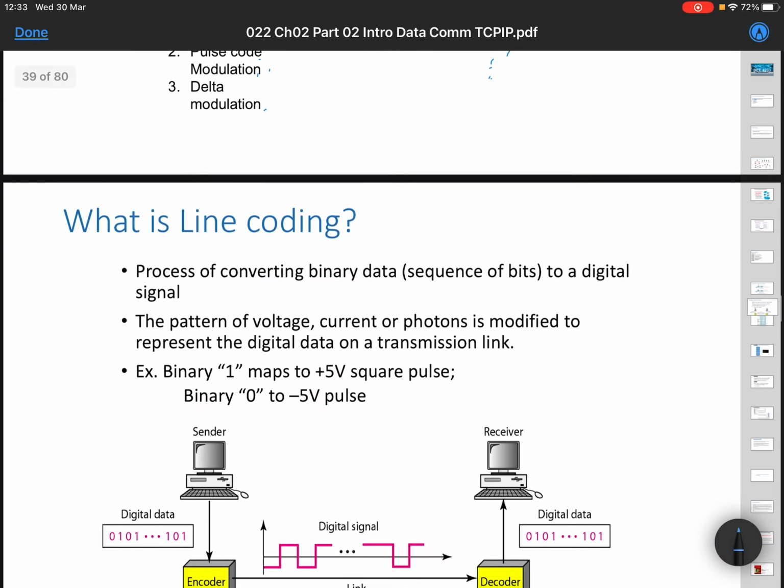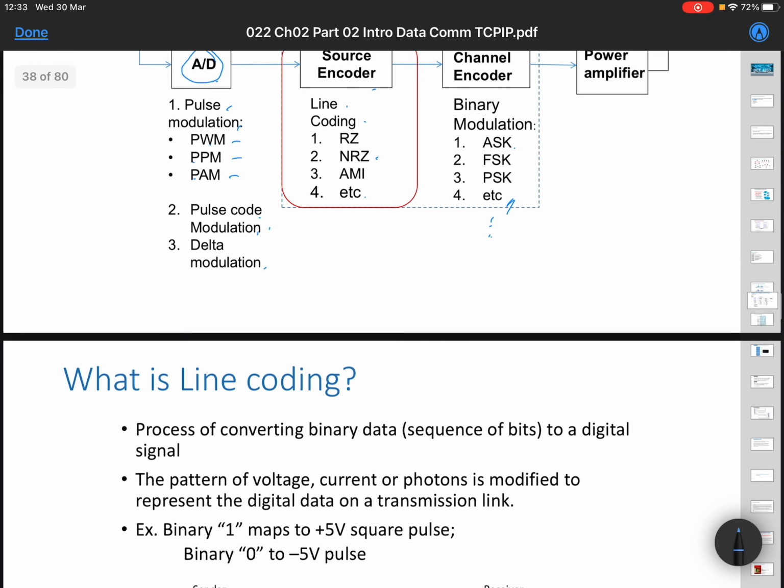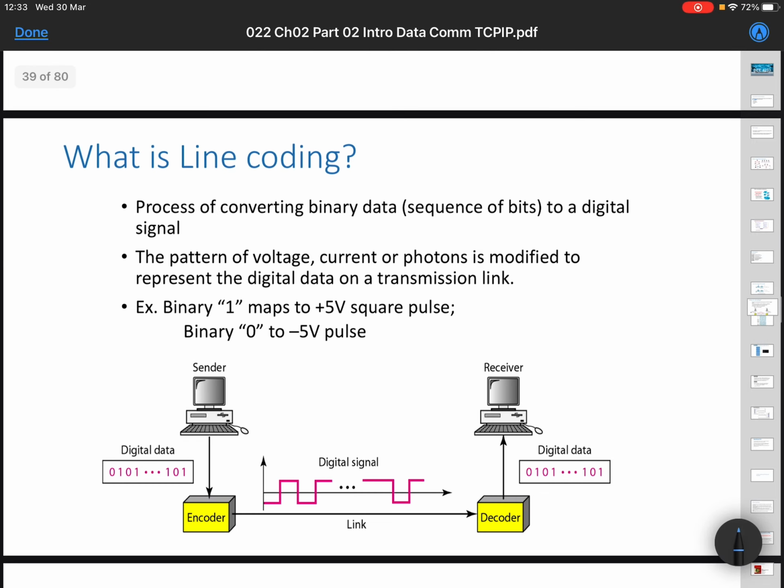So what is line coding? Line coding is the process of converting a binary data sequence of bits to a digital signal. Binary data is normally 010101 like this.